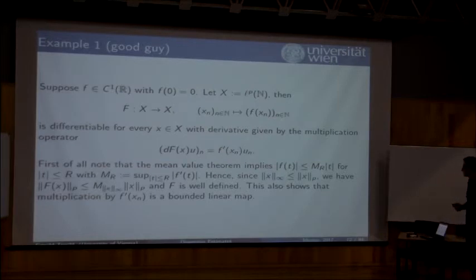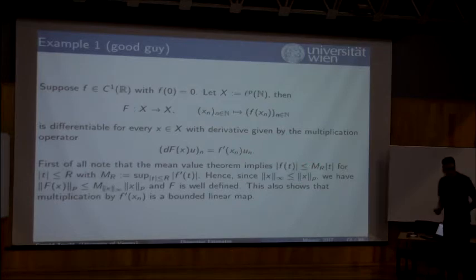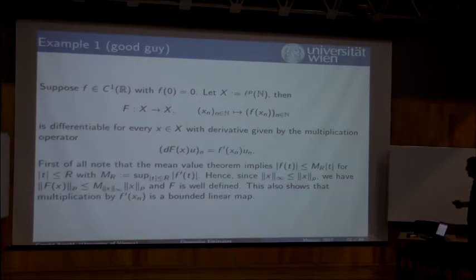Okay, so let's think about for a second why this is true. The first observation is we start at 0. We can use the mean value theorem to go away from 0 and estimate this like this. Of course, we will not have a global estimate, but as long as we stay on a finite ball of radius r, there will be some corresponding constant such that we can estimate it like this. Of course, here we have to be careful. Here we're really using that this is a finite dimensional setting, that R is one-dimensional, because we are using the fact that the derivative is continuous and hence takes a maximum on a fixed ball of radius r.